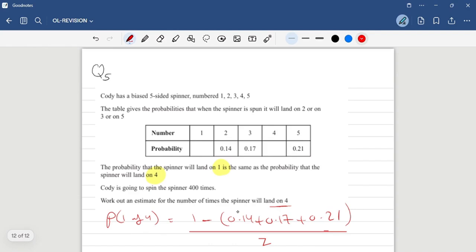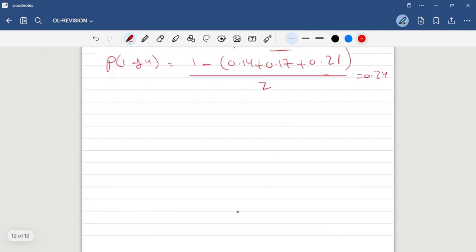After I figure out that it equals 0.24, I will find the expected number of times. As he asks how many times the number is repeated in 400 spins, it will be 400 multiplied by 0.24, which equals 96 times.